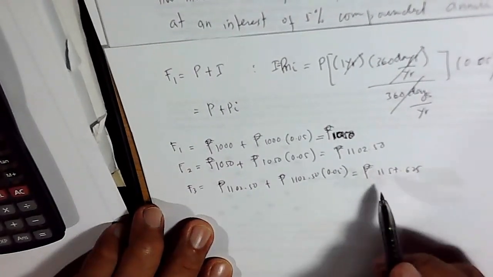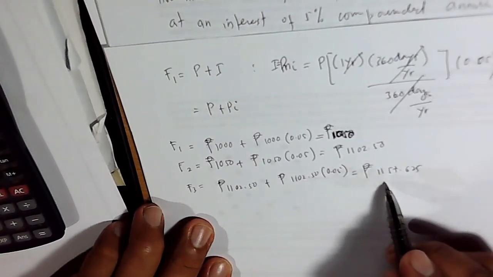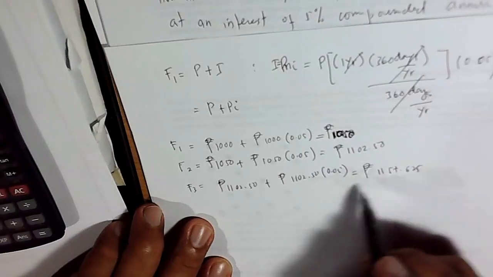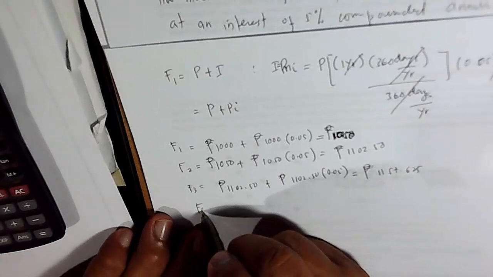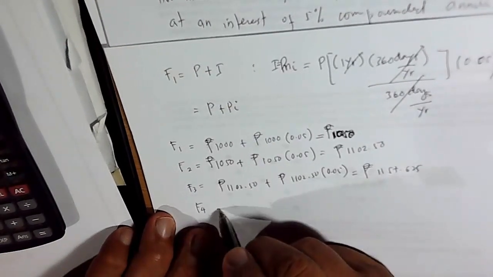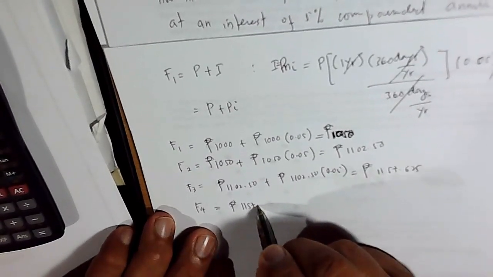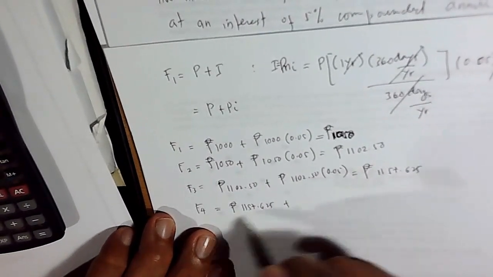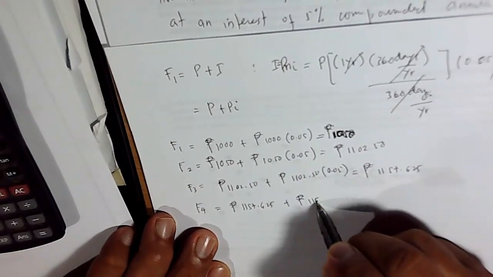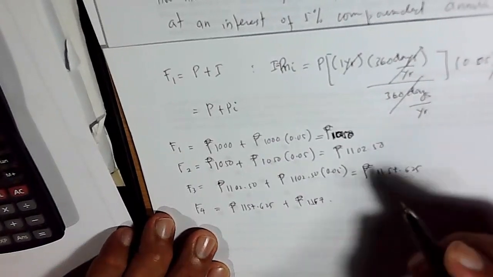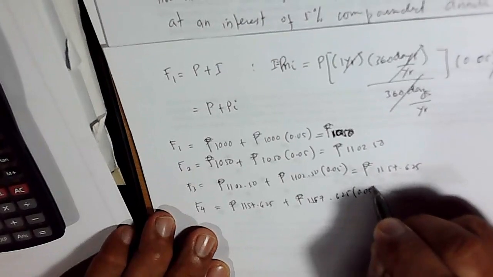Okay, so this is now the accumulated amount after the third year, and this 1,157.625 will become the beginning principal for the fourth year. So we have the beginning principal of 1,157.625 plus the interest for that, 1,157.625 multiplied by 0.05.